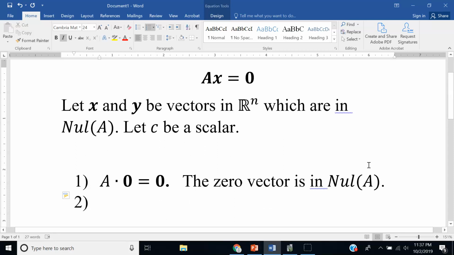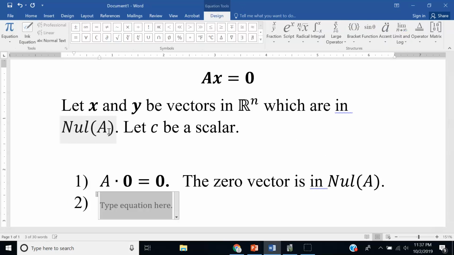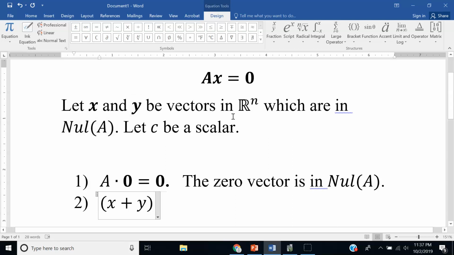The other point we need is: is the sum of two arbitrary vectors in the null space also in the null space? So we're going to take two arbitrary vectors, and obviously I'm using x and y because those are my arbitrary vectors, which are in my null space.